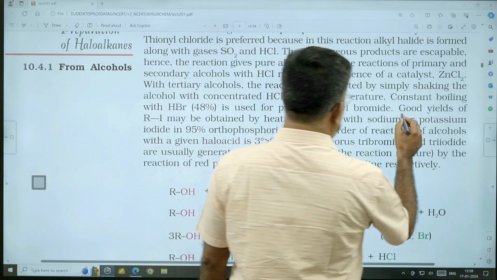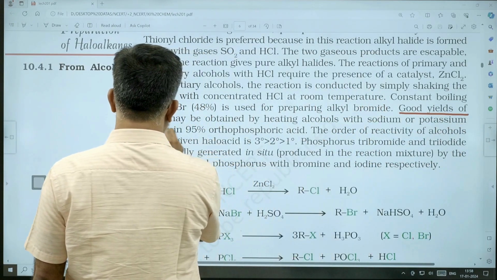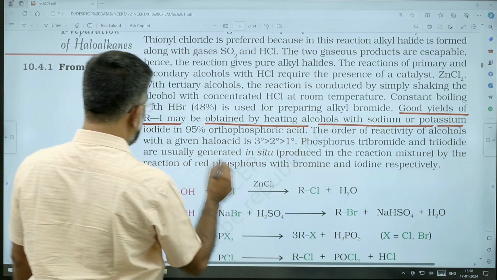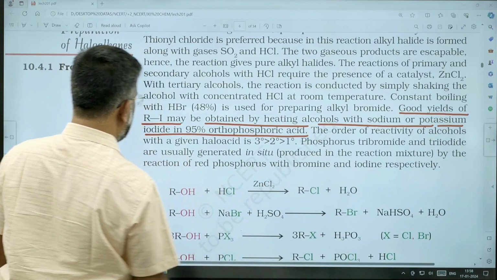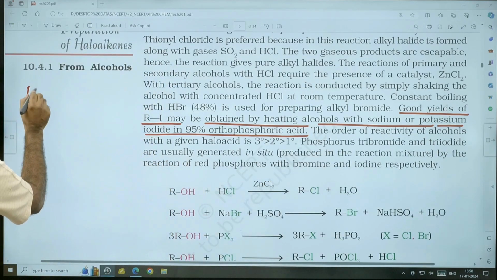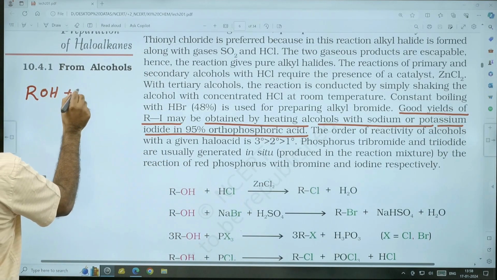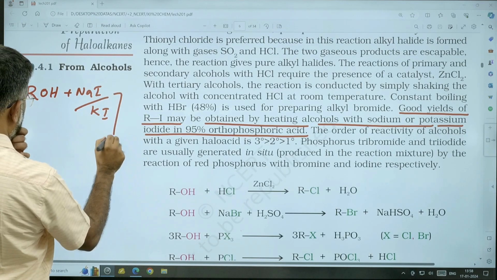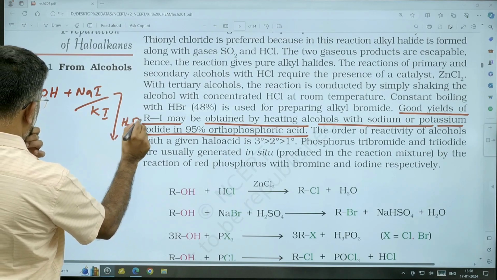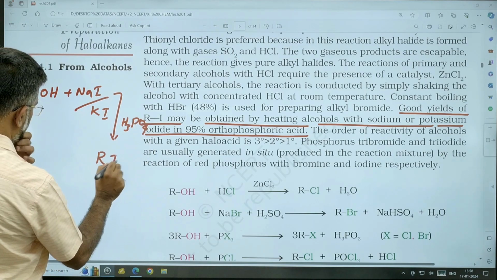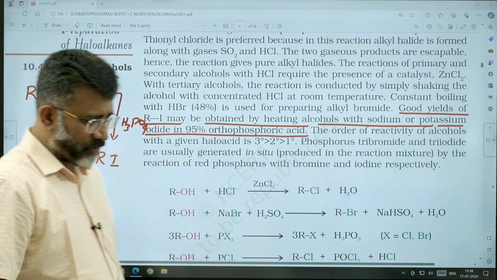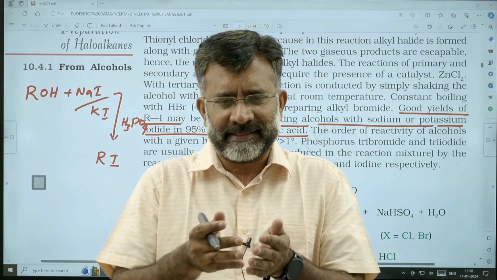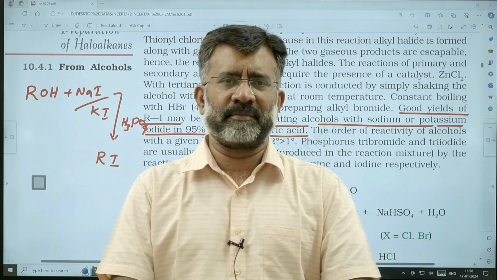A good yield of alkyl iodide may be obtained by heating alcohol with sodium or potassium iodide in 95% orthophosphoric acid. So alcohol treated with NaI or KI with H3PO4, you can get RI. Quite naturally, the preparation of alkyl fluorides and iodides will be discussed somewhat differently.